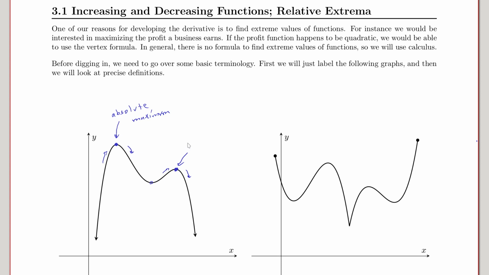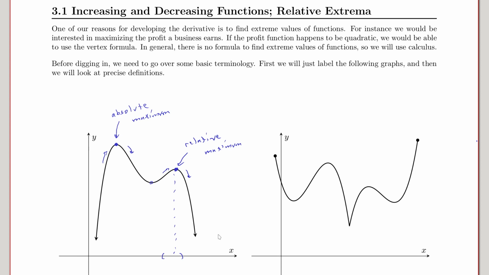This one we refer to as a relative maximum. So it's not the absolute maximum, but there is this behavior that on a small interval, meaning relative to this interval, that's the highest point on the graph.